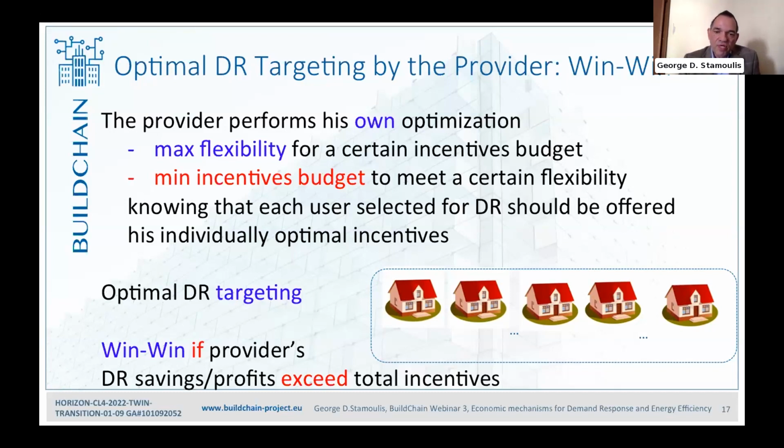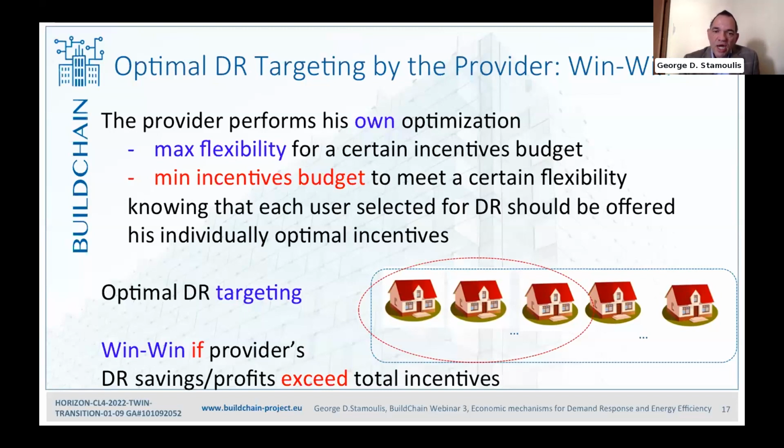So, for example, if we assume a very simple case where we have several households and each of them can contribute 1 unit of reduction of demand, if adequately incentivized, then the optimal approach for the provider is to select those households that require the least incentives for participating in demand response.